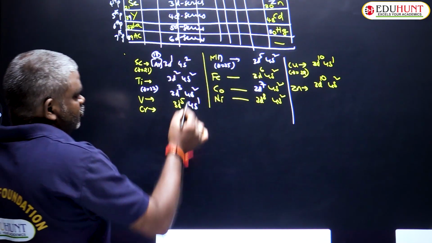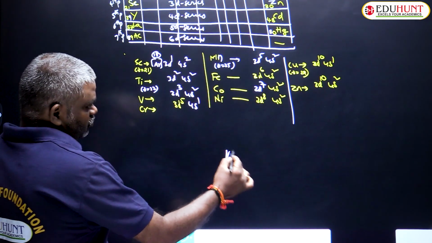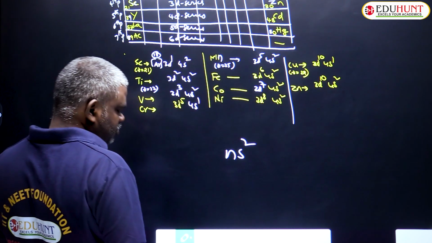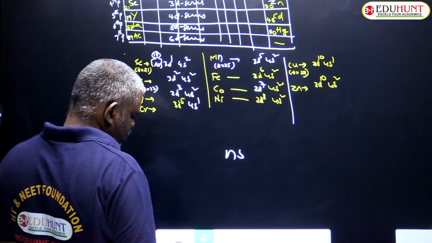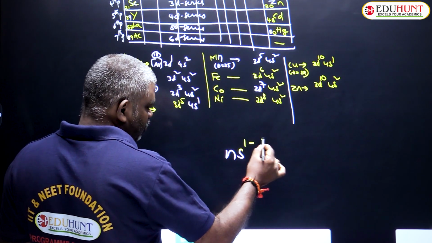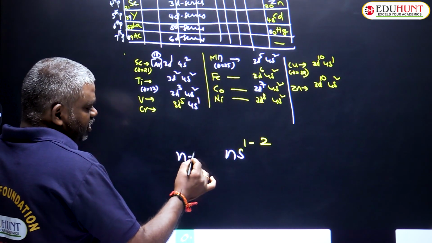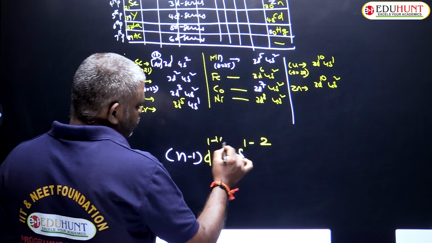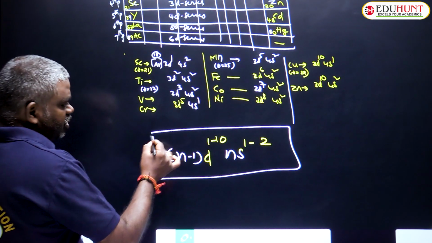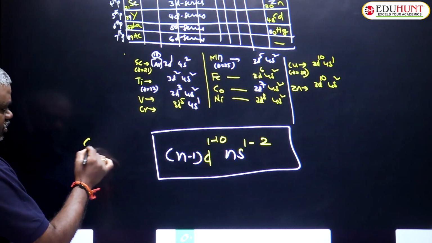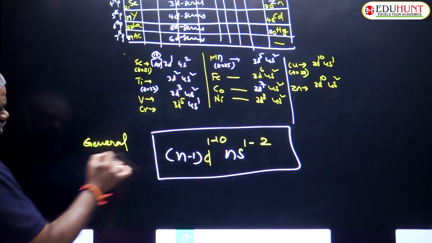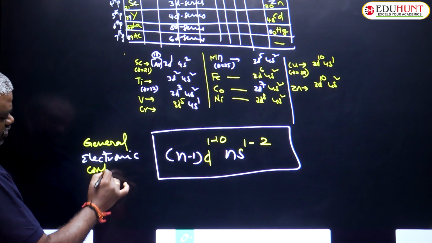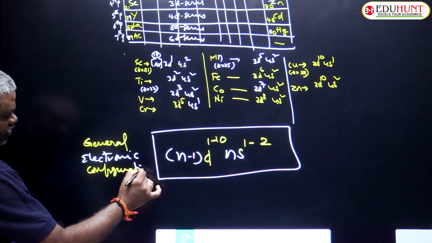So it is ns2, and here 4s1 is also there. Then you can write it as ns1 to 2, with (n-1)d 1 to 10 inside. This is the general electronic configuration of d block elements, and this is very important.